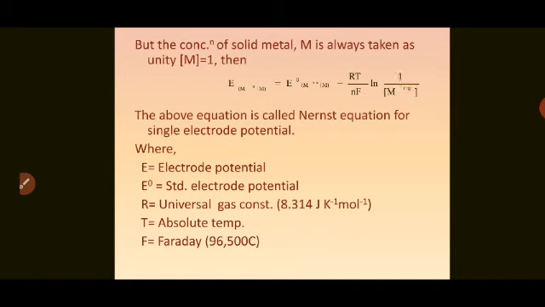The above equation is called the Nernst equation for single electrode potential, where E is the electrode potential, E naught is the standard electrode potential, R is the universal gas constant, which has the value 8.314 joule per Kelvin per mole, T is the absolute temperature, and F is the Faraday constant, that is 96,500 coulomb.